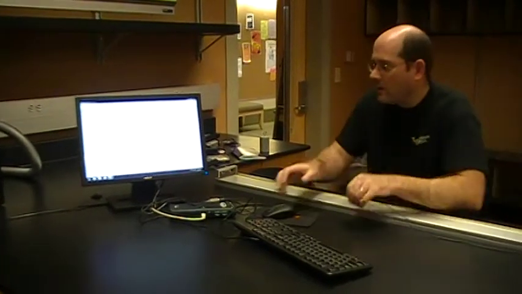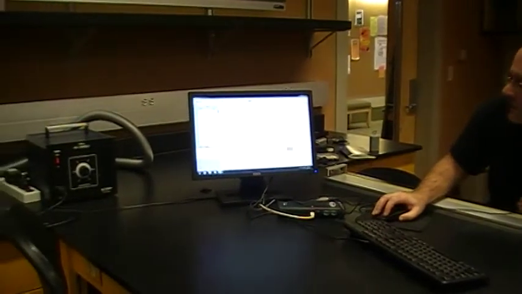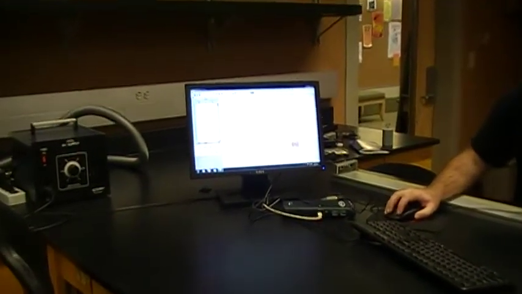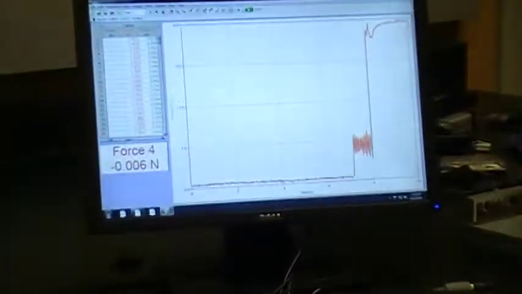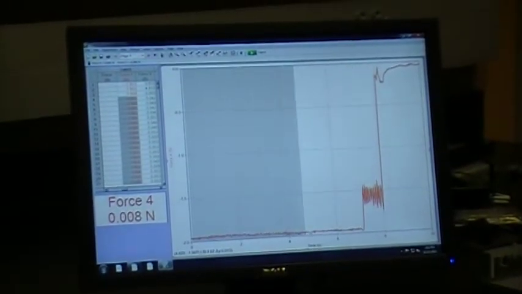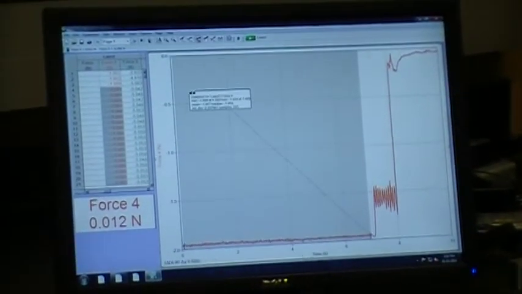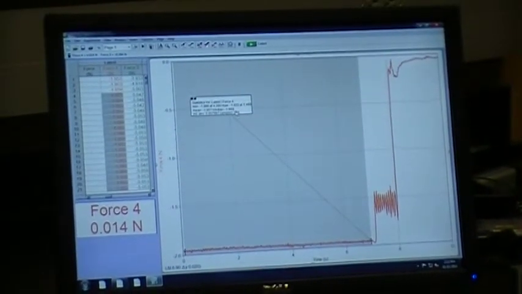All right, so let me zoom in here on our graph. It's hard to see right here. But because we were pulling on the sensor, we get a negative graph here. And all I'm going to do is just highlight our graph, and then I'm going to hit the stat button so we can see what the statistics are for this section.